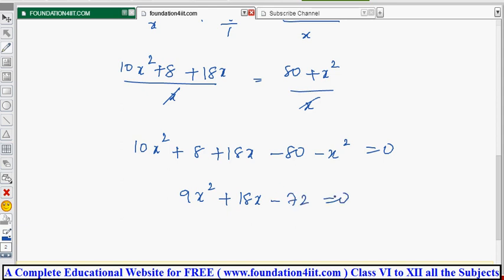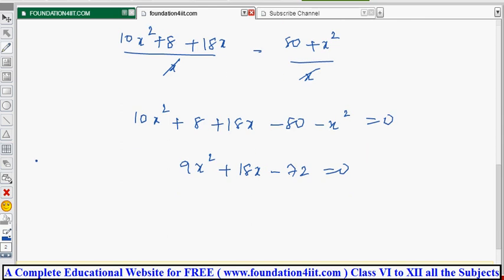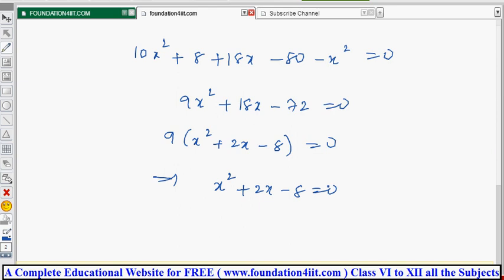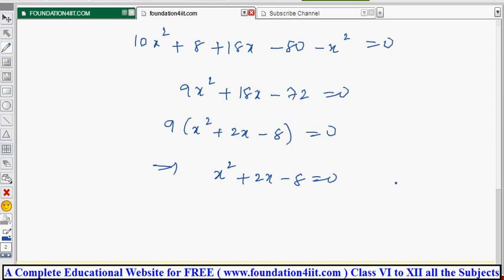Right? Now we can make the quadratic equation into its simplest form because all are in the 9 table. So you can take 9 common: x square plus 2x minus 8 equals 0, since 72 by 9 is 8 and 0 by 9 is 0. So that becomes x square plus 2x minus 8 is equal to 0. Right? Now this is our quadratic equation.